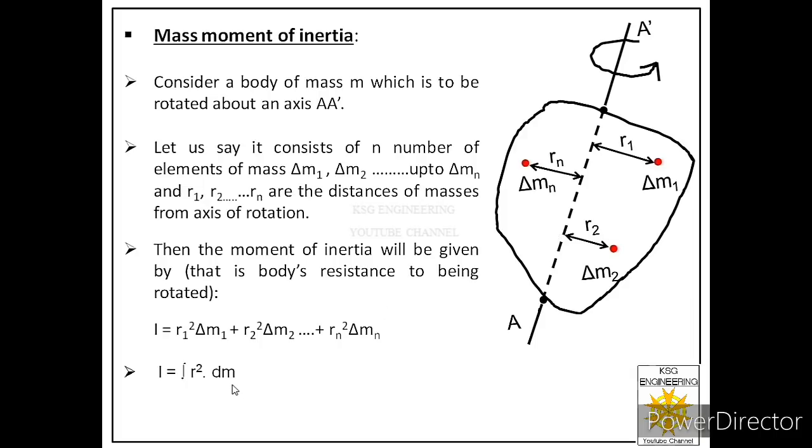So when we multiply the mass of that element with the square of its distance from the axis of rotation, and when we do this for all the elements of the body and add those terms, then we will get the mass moment of inertia of the whole body about that axis, and its unit is kilogram meter square.